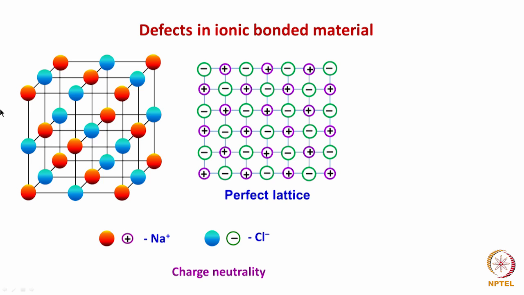As a two-dimensional lattice, I am just showing only one of the planes. Consider that it is a 100 plane which I am showing. Here the positive ions or cations are shown in pink color, and the green color shows the chlorine ions.